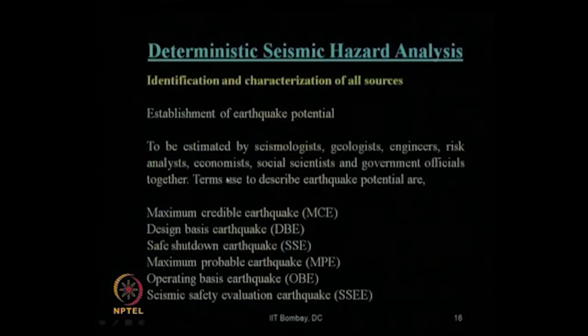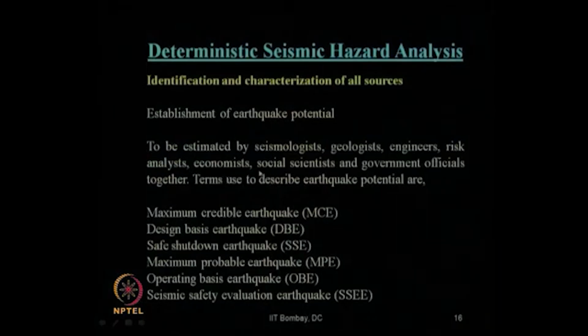If it is a stable economy, obviously in that case they can probably take a little extra risk than at a location where the economy is not stable. If it is a poor economy, then it is very difficult to take a risk for a major project, say a nuclear power plant which is going to be commissioned at a particular site. They cannot take the risk. So, the economist's role is also important.